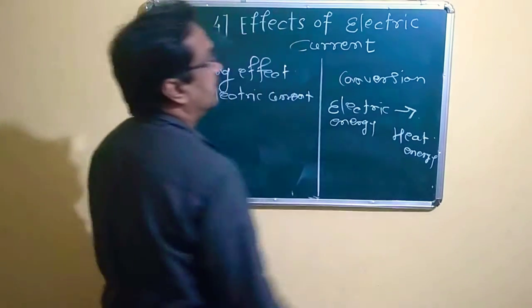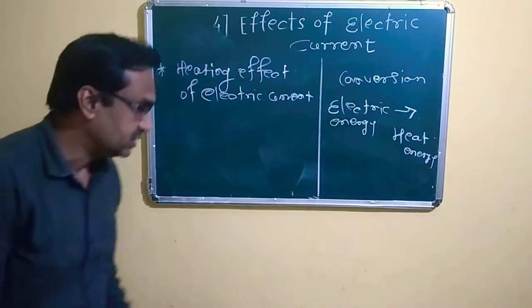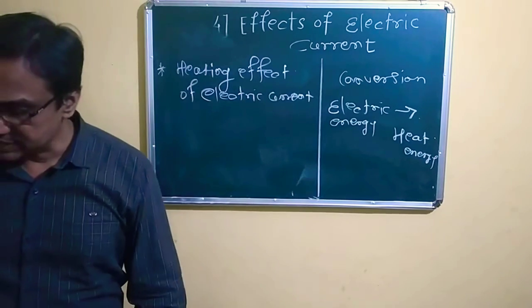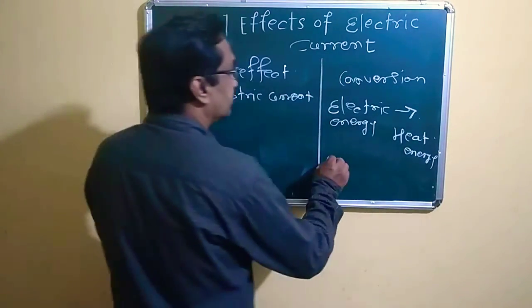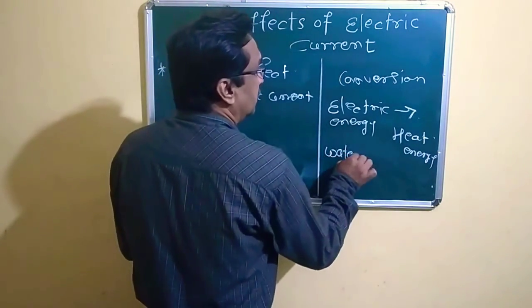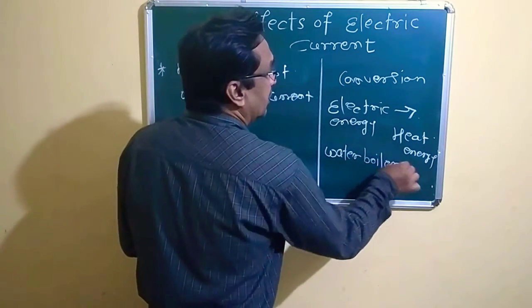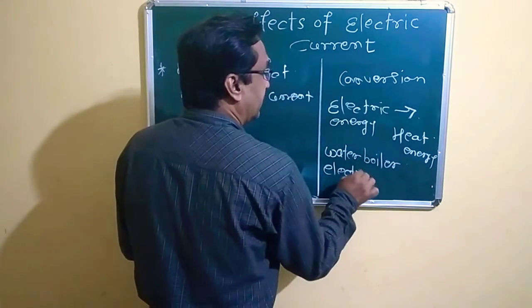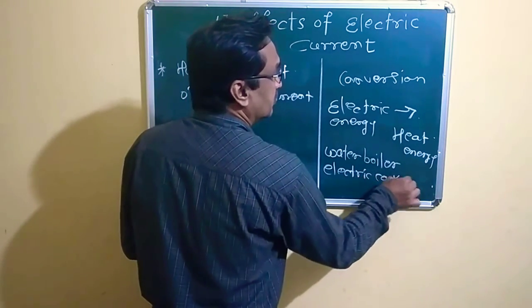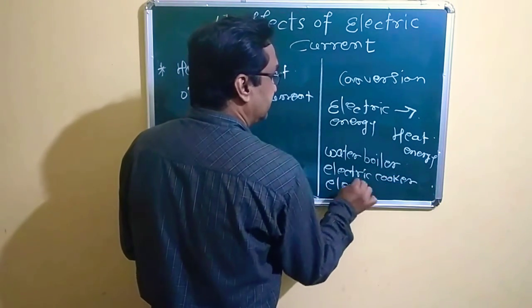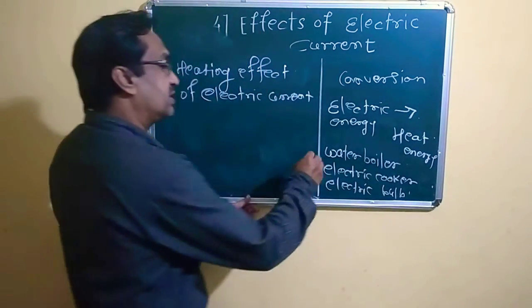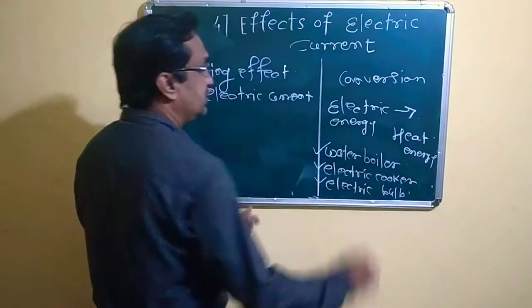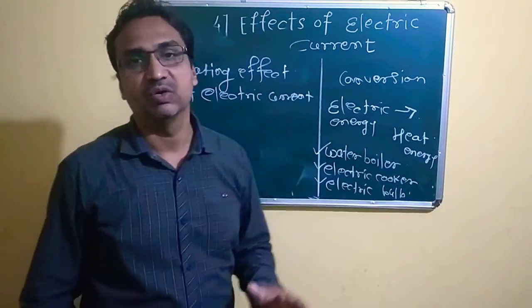They have mentioned the appliances for that: water boiler, electric cooker, and electric bulb. These are the 3 electrical appliances used in our everyday life, in our home.